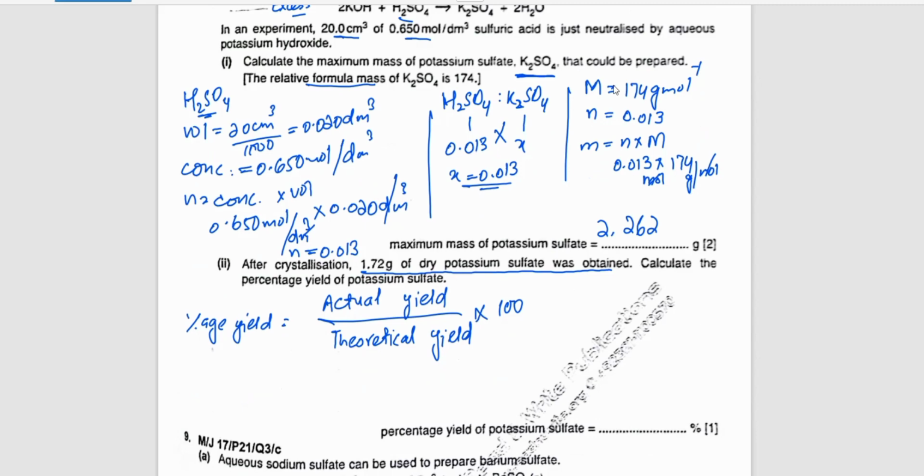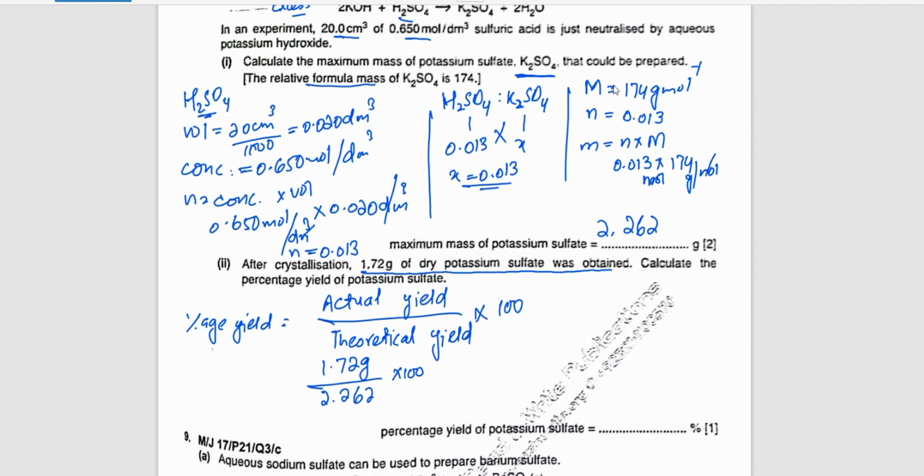It is 1.72 gram, and theoretical is what we calculate from the balanced chemical equation, 2.262, multiplied by 100. Theoretical yield is the result the students expect, and the actual yield is the result which the students get.